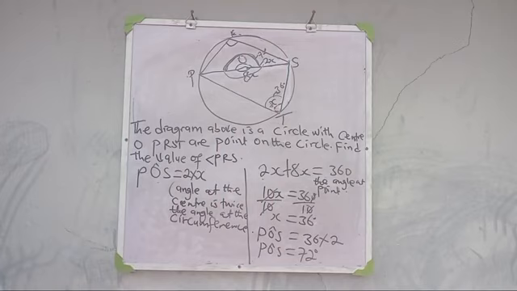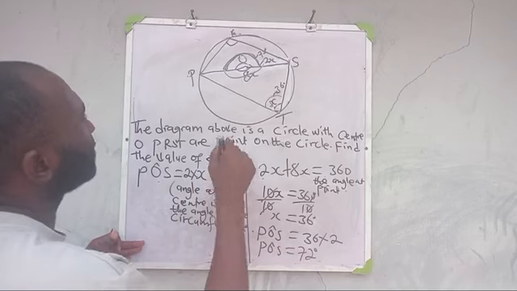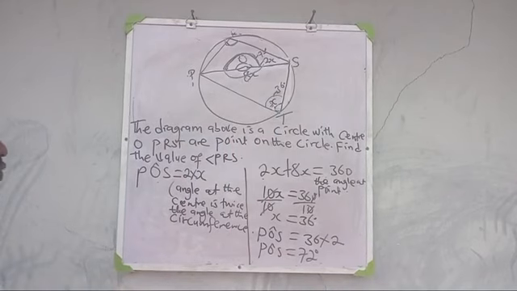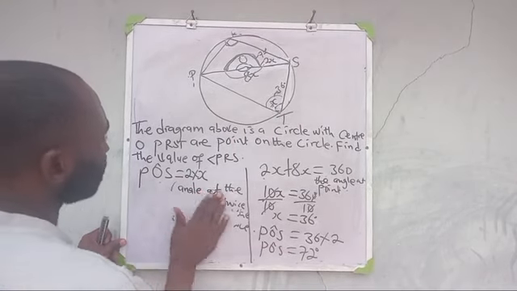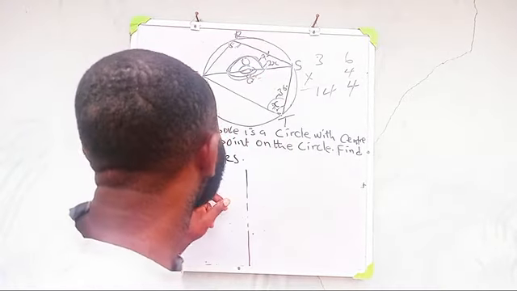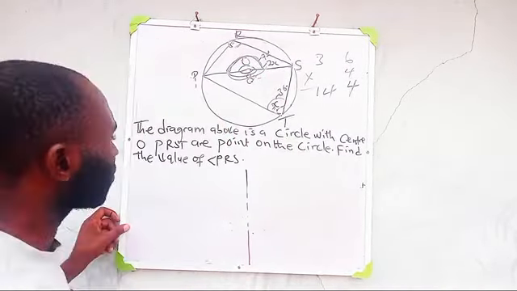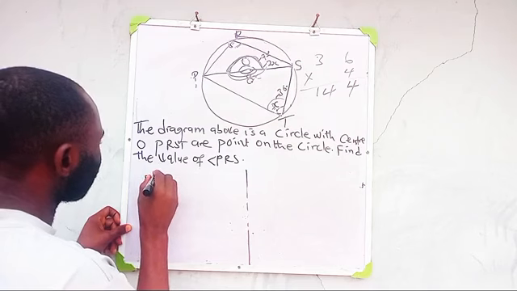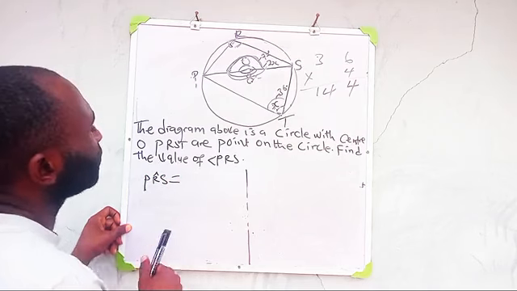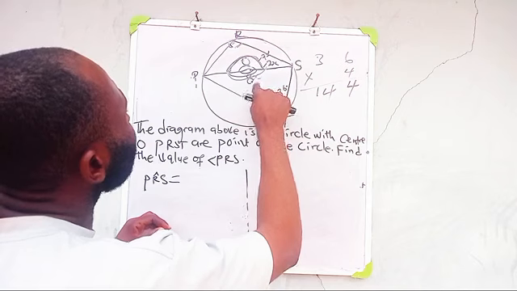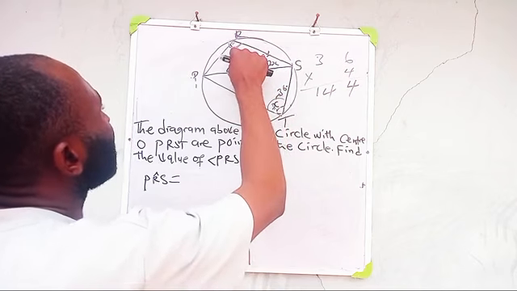But the question asks us to find PRS, that is this angle here. That is what the question asks us to find. So we know that for us to find PRS, the angle sustained at the center is twice the angle at the circumference.